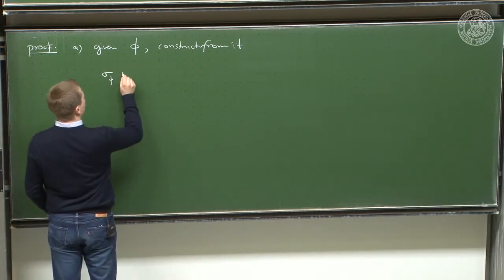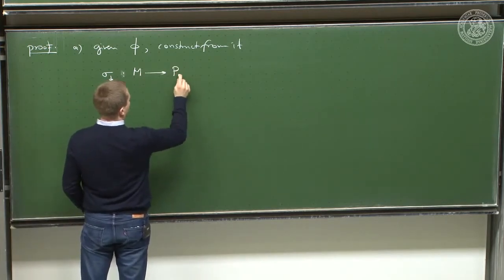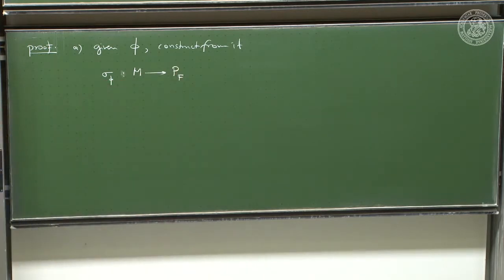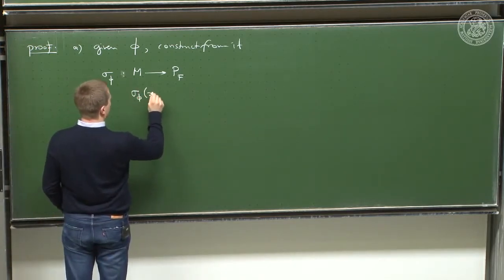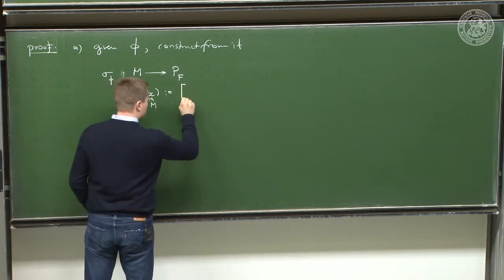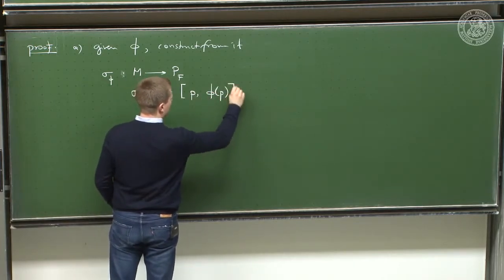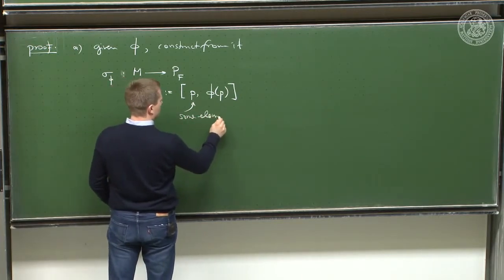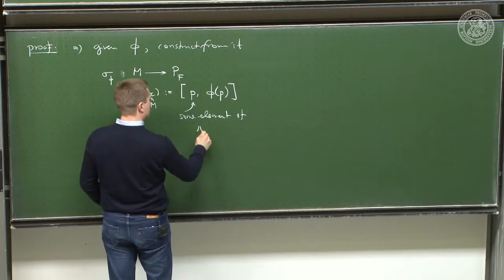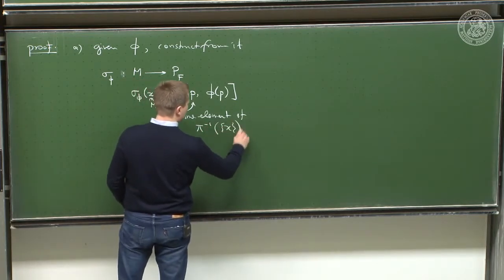It's supposed to be a section, so from M to P_F, the associated bundle, and we define sigma_phi of x, where x is a point in M, as the equivalence class [p, phi(p)], where this p is some element of the fiber over the point x.